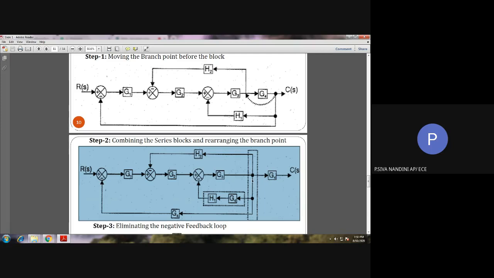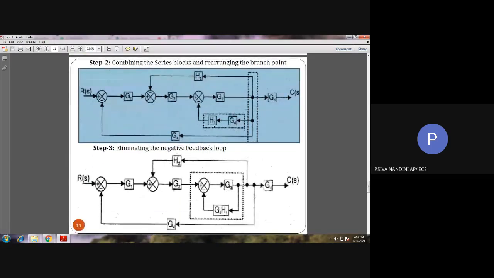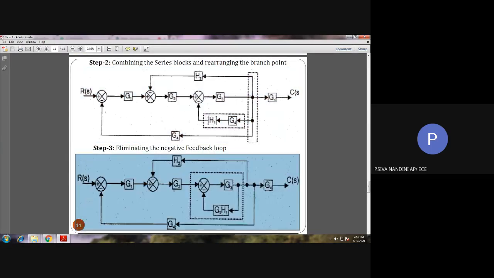Okay. After that, if you see in step number 2, here we are having two blocks G1 and G3 in series. So we can combine this series block. That is simply multiplying this H1 into G4. Thus we have obtained a single block G4 H1 in step number 3.